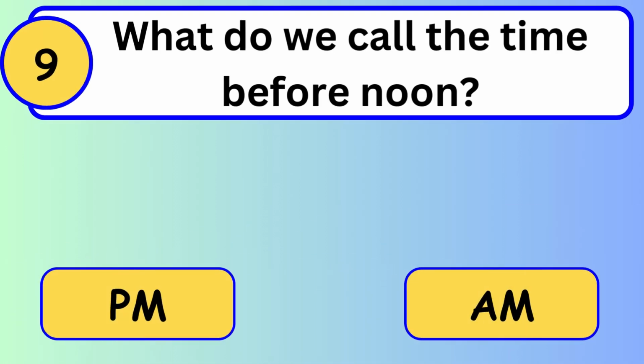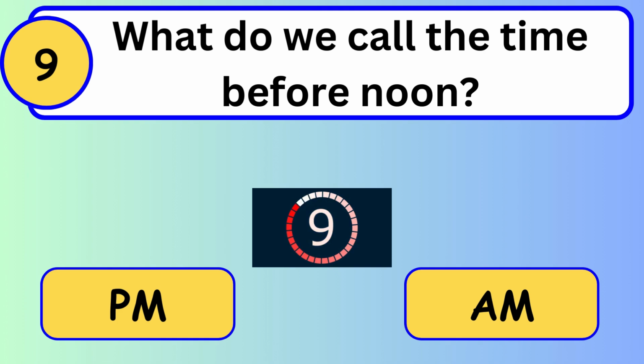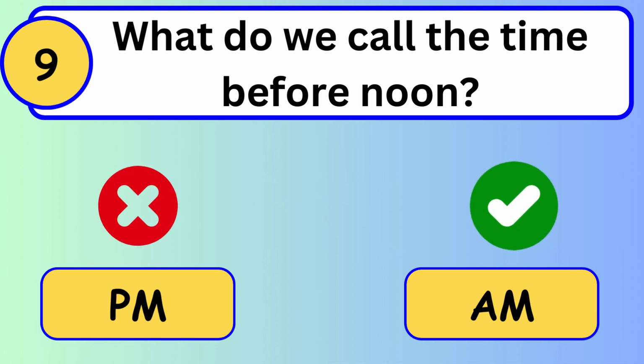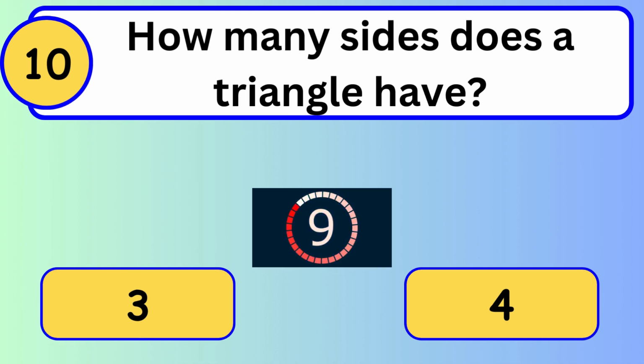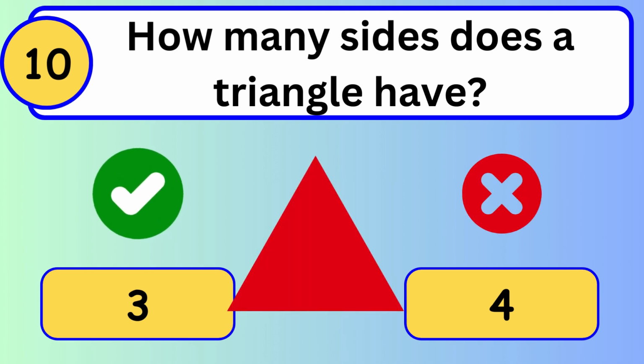What do we call the time before noon? AM. How many sides does a triangle have? Three. A triangle has 3 sides.